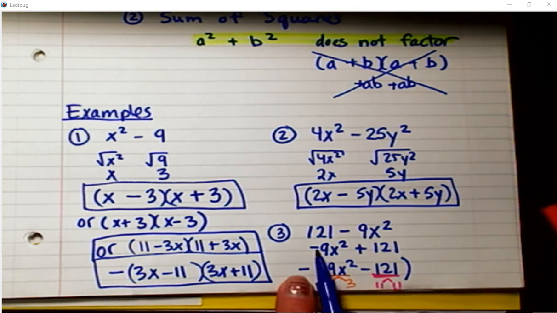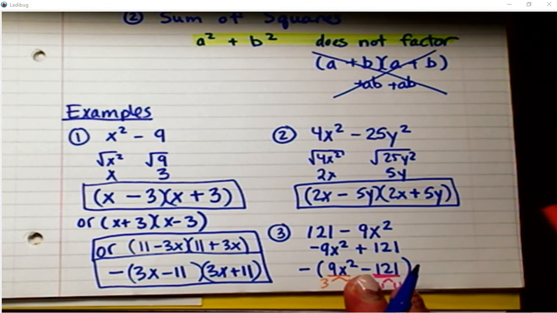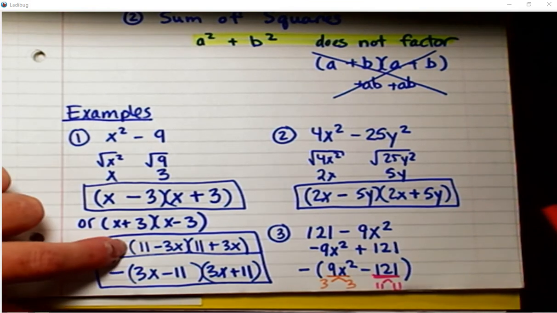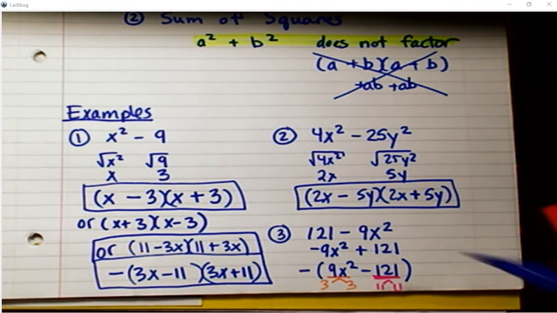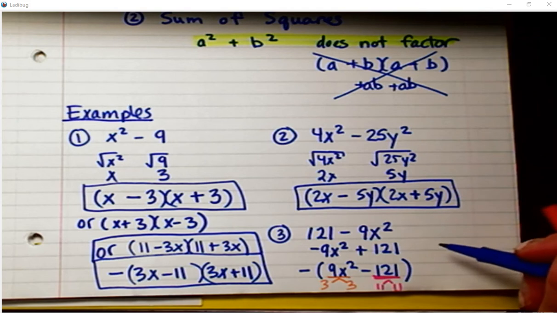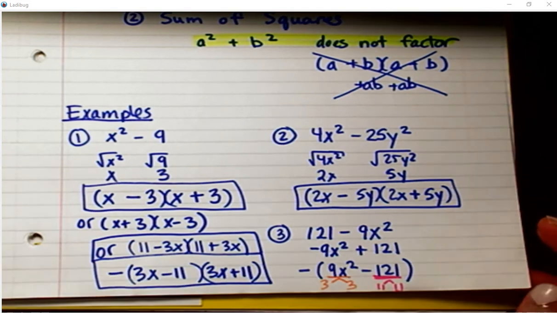So every time there's a negative in front, you want to pull that out in front before you start the rest of the factoring. So I would say it's either the way I wrote it here, or it's this. Likely I wouldn't mark it wrong as long as what you wrote actually factors or multiplies to what it's supposed to. Okay?